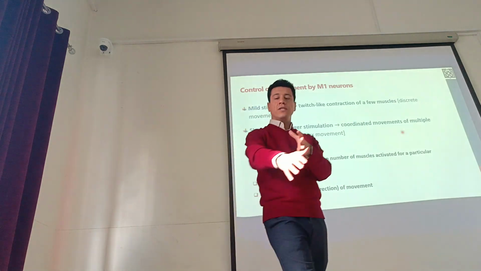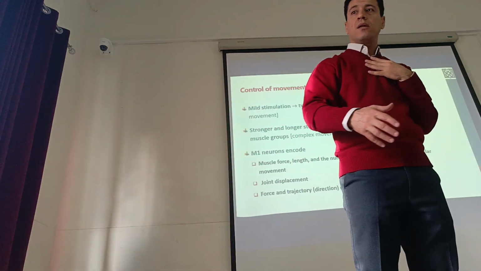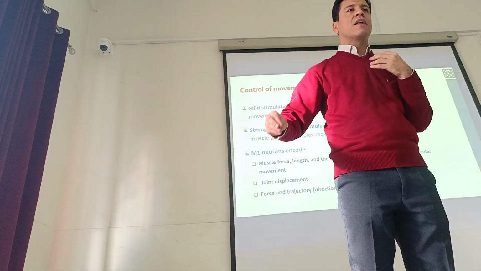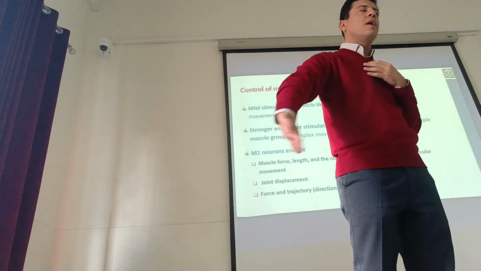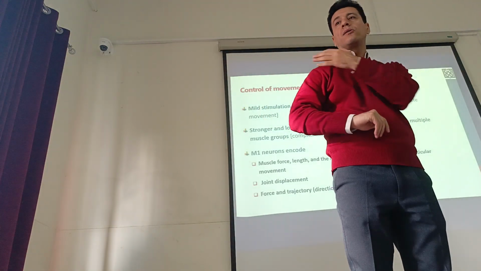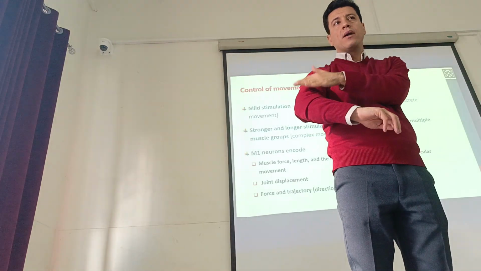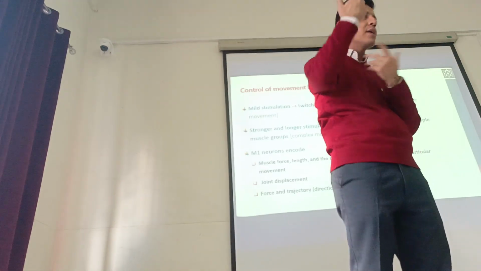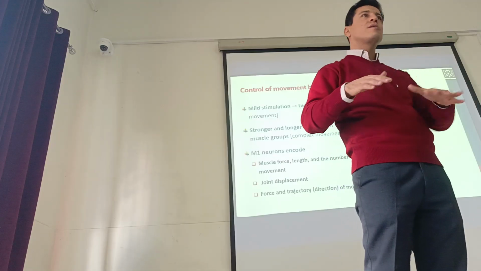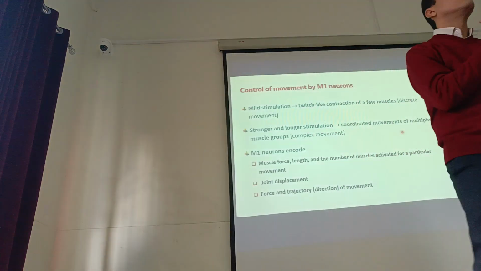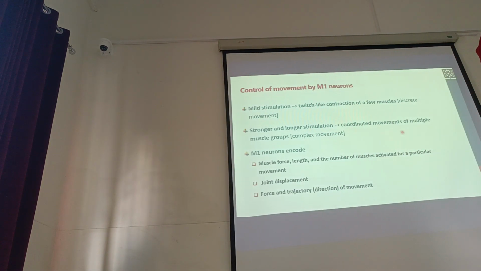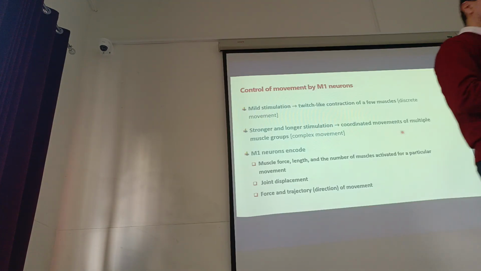Complex movements usually involve several joints, right? Like this one, or like this one, okay? We use shoulder, elbow, wrist, fingers, right? So this is a complex movement. So weak stimulation of neurons in the primary motor cortex causes discrete movement, but stronger stimulation here causes complex movements.